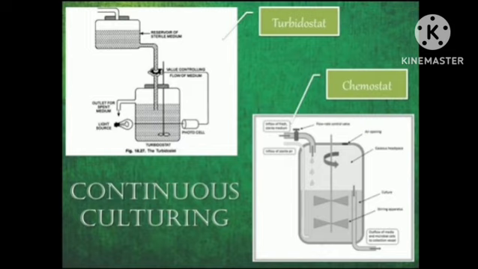A turbidostat is used to maintain the exponential phase, and a chemostat to study nutrient effects. Both have high efficiency and consistent quality, but the turbidostat is more complex and the chemostat is easier to control.